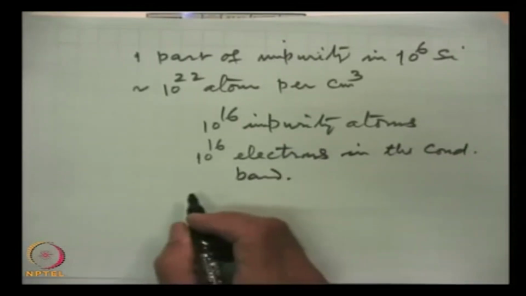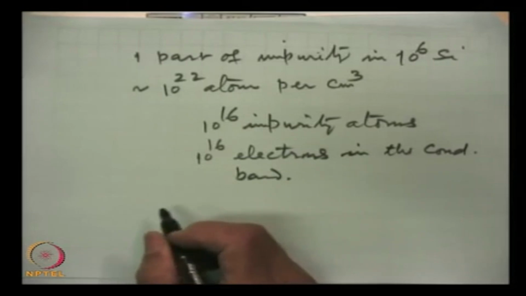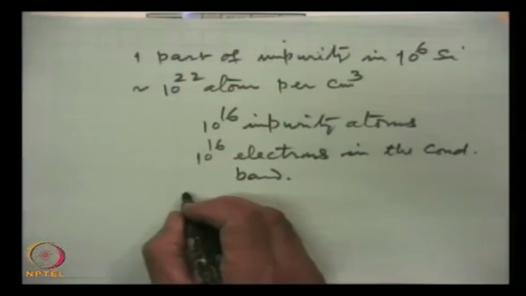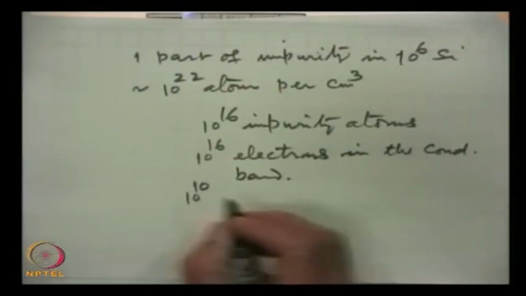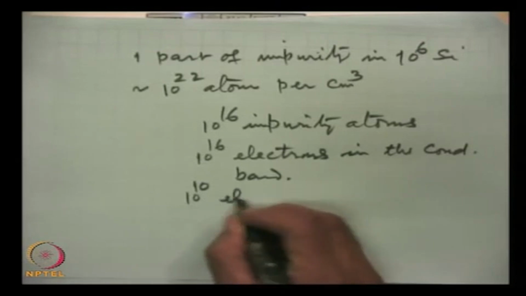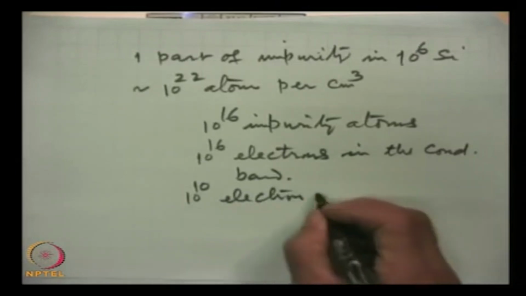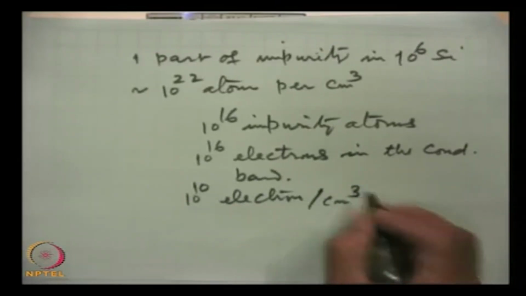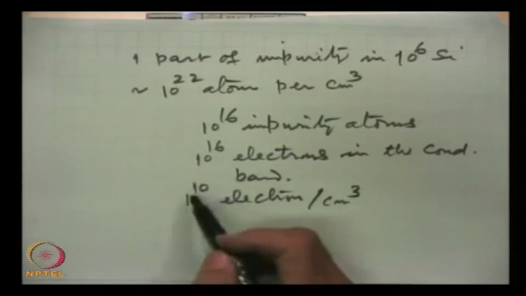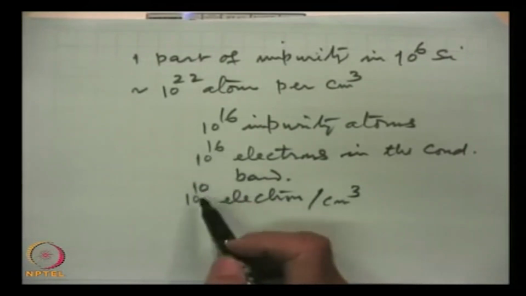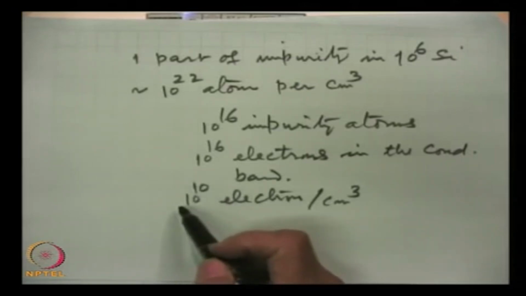Now, if you remember, in silicon at room temperature, that is 300 degrees Kelvin, there are roughly 10 to the power 10 electrons per cubic centimeter. Now, this number 10 to the power 16 is 6 orders of magnitude higher.